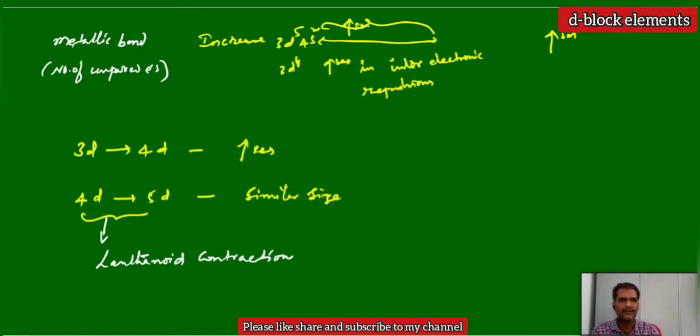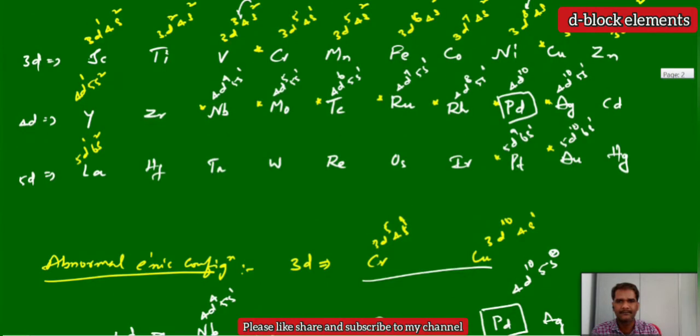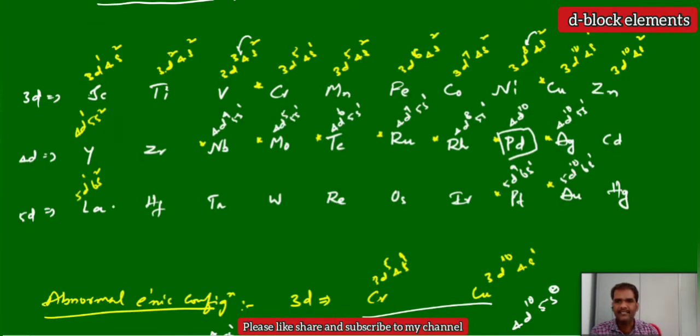Where do we observe the lanthanide contraction? Again, if we see these elements in the 5d series, after lanthanum we have a gap here of almost 14 elements, from cerium to lutetium. Due to the presence of these 14 elements, ultimately the positive charge on the nucleus increases, and Z effective will increase. These 14 electrons present are generally f electrons, f14 electrons, and these f14 electrons cannot suppress the nuclear force on the valence electrons that much.